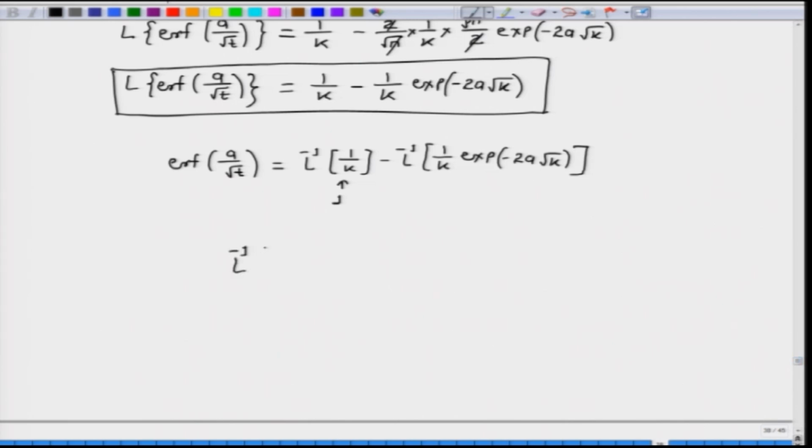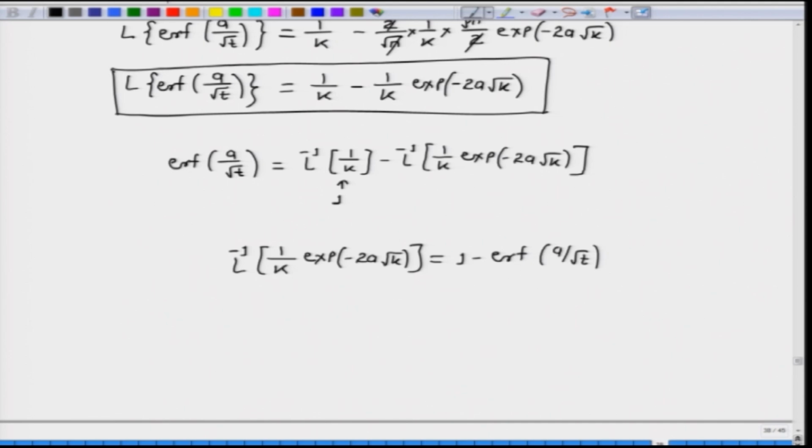L inverse of 1 by k exponential minus 2a root k should be equal to 1 minus error function a by root t. This is an important result, because when we solve the diffusion equation we will do the Laplace transform, and to get back the original solution when we take the inverse Laplace we will have to refer to this kind of solution.